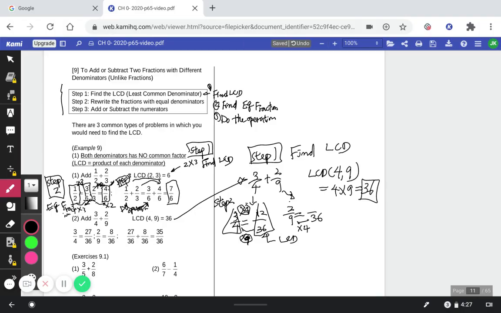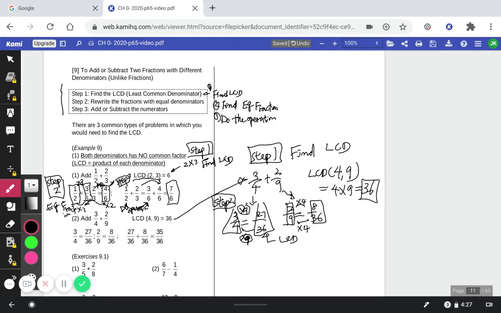So on the top, you have to multiply by 9 as well. So 3 times 9 becomes 27. So the equivalent fraction of 3/4 is 27/36. Now this one you multiply by 4. So 8/36. So 2/9 and 8/36 are equivalent fractions.